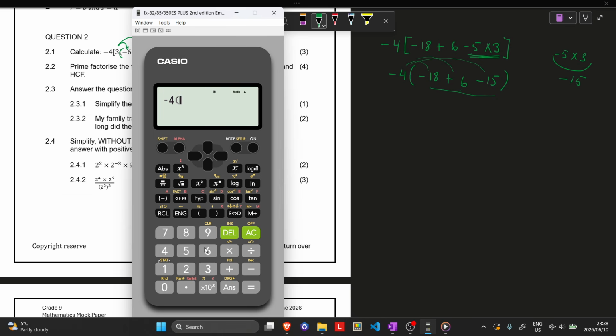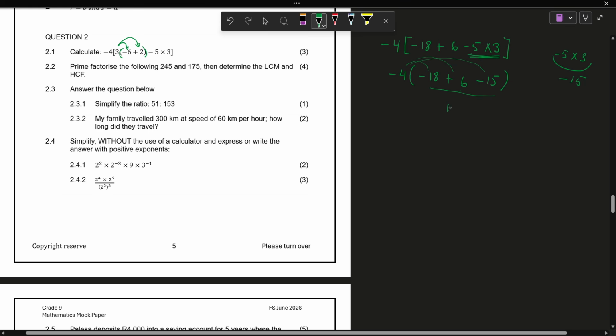And then we've got minus 18 plus 6 minus 15. Close the bracket. And this gives us 108. So let me just write the answer here. The answer is 108. Right? And let's see how many marks that was. 3 marks. So that is fine.